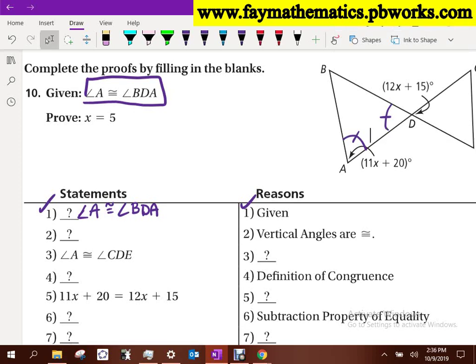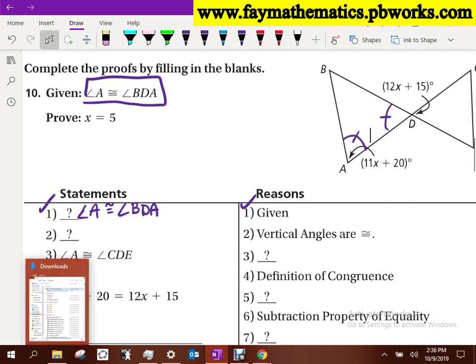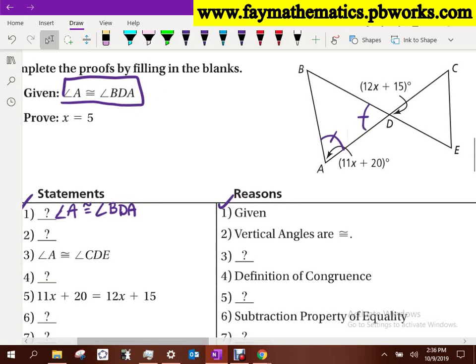Okay? The next thing we do, it says vertical angles are congruent. That's the reason. So we have to come up with a statement. Well, which angles up here were the vertical angles we'd be looking at? There's only one set of vertical angles up here. It'd be this angle here and that one there, right?